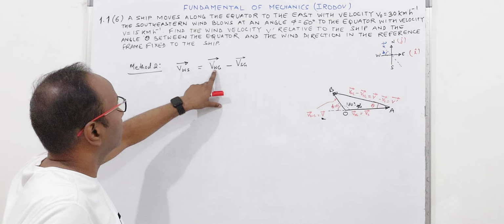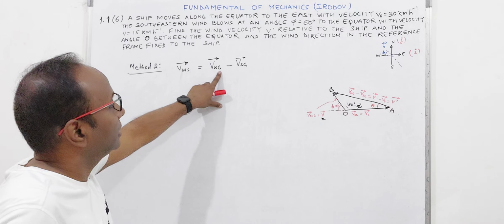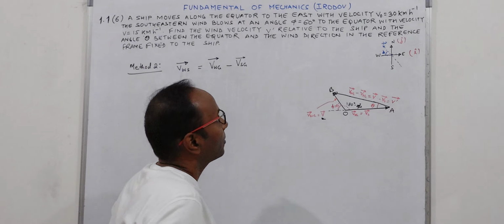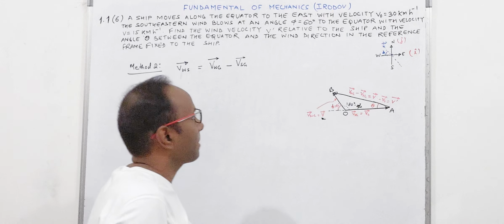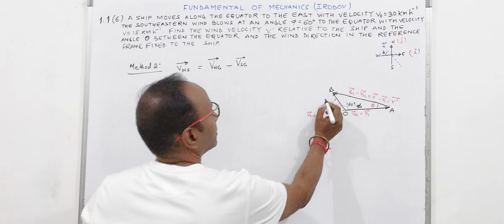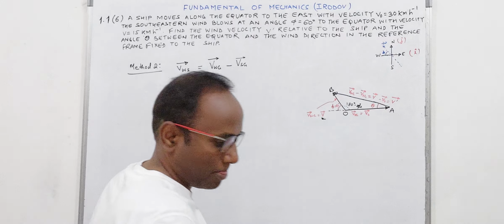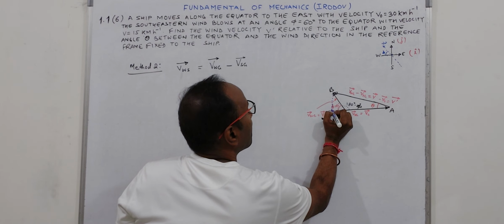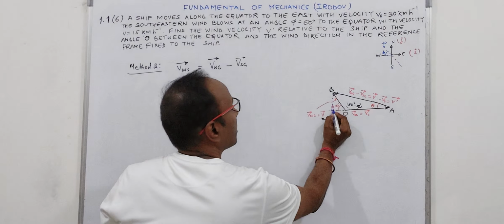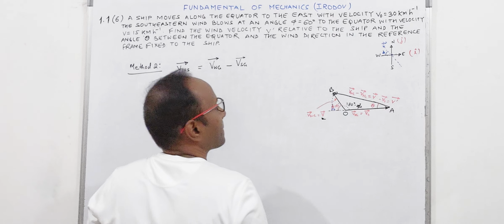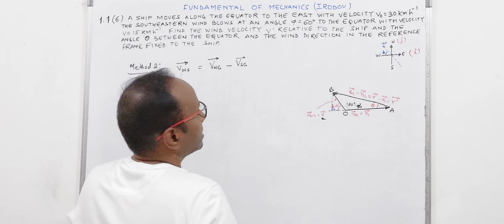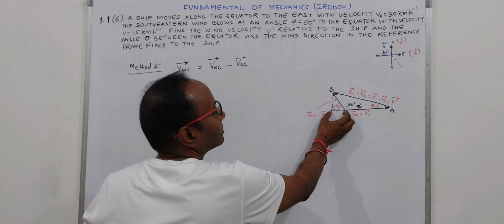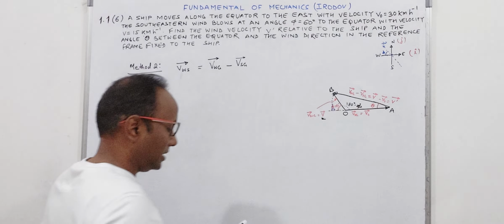Now velocity of wind with respect to ground, how can you convert it into i and j vectors? If you drop a perpendicular line, OB is nothing but this vector plus this vector.